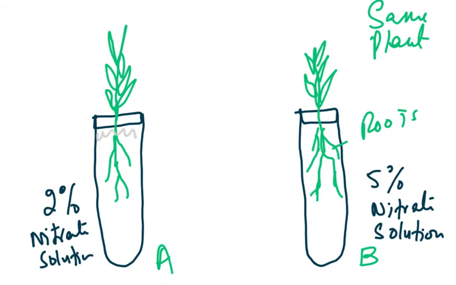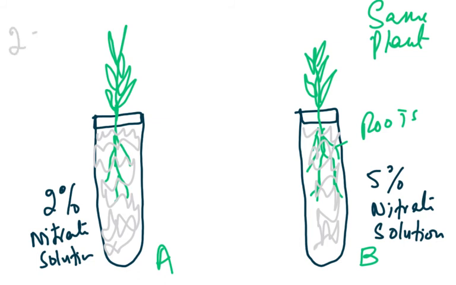You fill this up with the 2% nitrate solution. Similarly, you fill this up with the 5% nitrate solution, and you leave these for at least 2 to 3 weeks. Please remember, you cannot measure growth in hours.